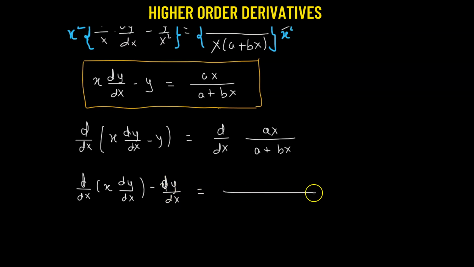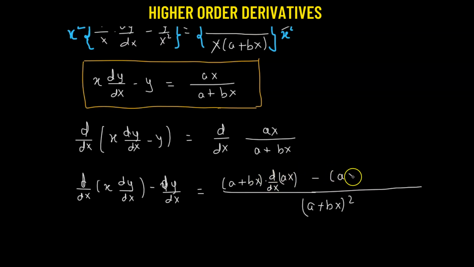And here we'll have to use the quotient rule. We'll start with the denominator, we have a plus bx whole squared. In the numerator, we'll again start with the denominator, which is a plus bx, and multiply it by the derivative of the numerator, which is ax. Since I've already taken the derivative of the numerator, we'll keep the numerator aside and multiply it by the derivative of the denominator, that is a plus bx.